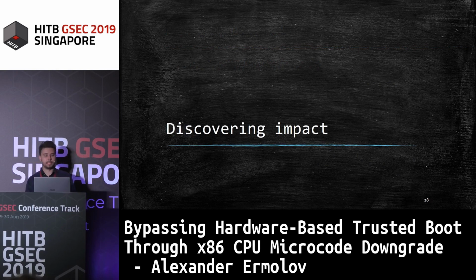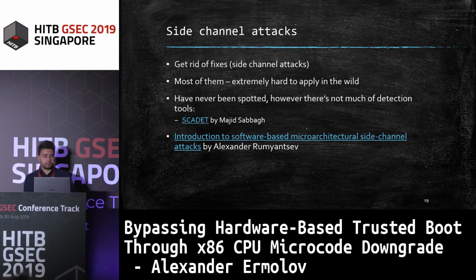Let's talk about the impact of this technique. First of all, the first thing that comes to my mind is the side channel attacks, the famous side channel attacks that were fixed in the microcode, like Spectre, the second variant.